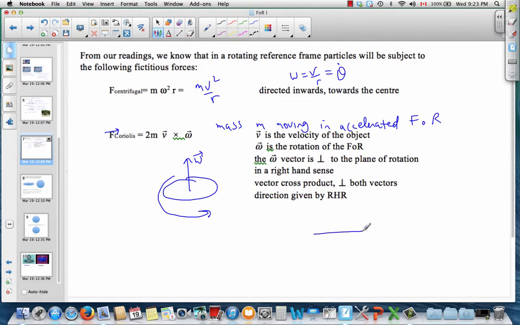So we're going to take v this way, and then curl the fingers of our right hand in the direction of the omega. If you do that, your thumb would point out of the page. So the force is perpendicular to the plane determined by v and omega, and in this case, it's out of the page.